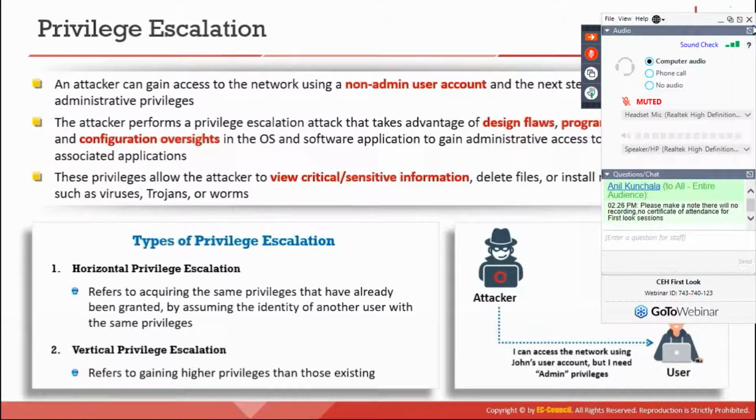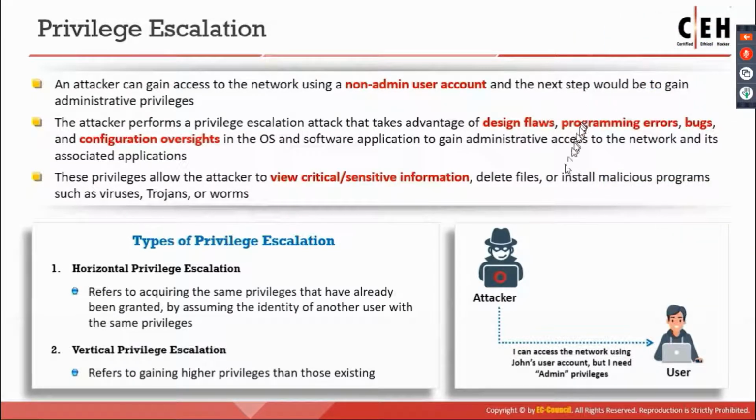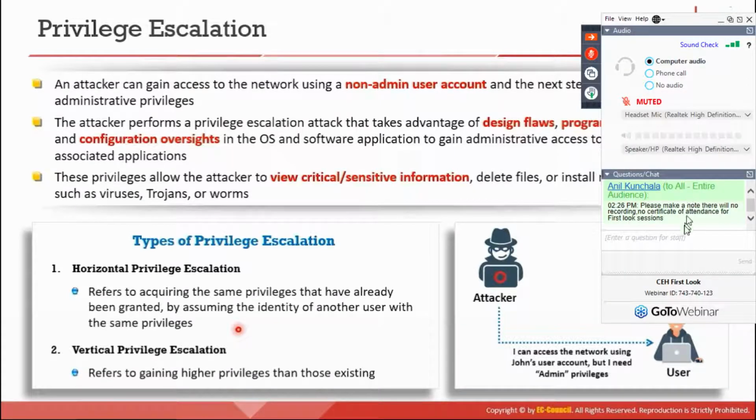There are two major types of privilege escalation: one is horizontal and the other is vertical. When most people think of privilege escalation, they think of vertical. Vertical is when you have a user account and move it up to an administrator account or a root account.